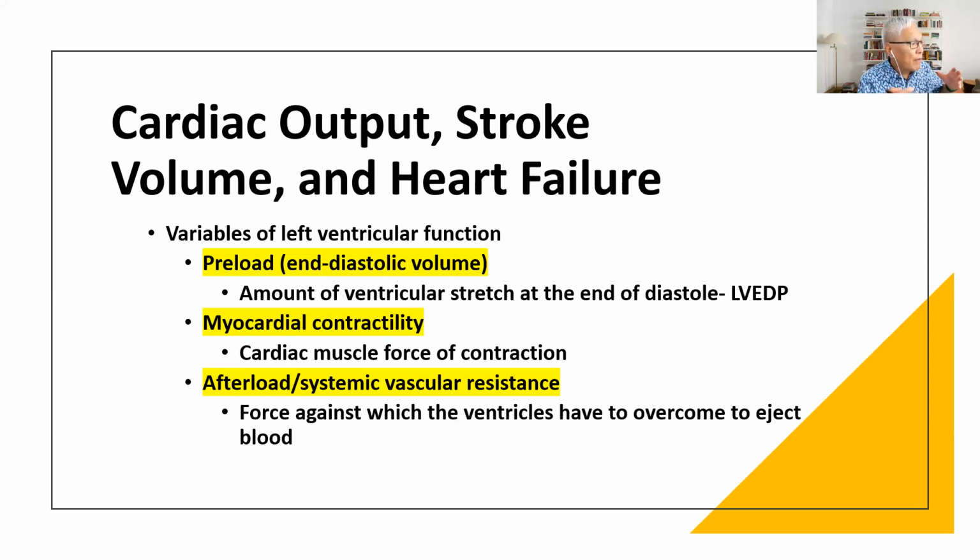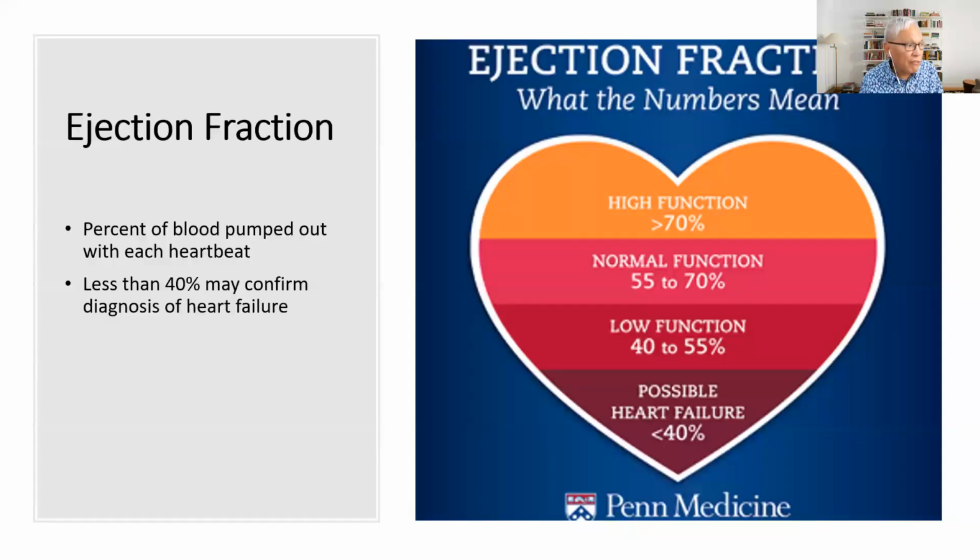If you're going to have a forceful contraction, you're going to have a normal or an increased cardiac output. All these three variables of left ventricular function are very important in order to understand the dynamics of heart failure.